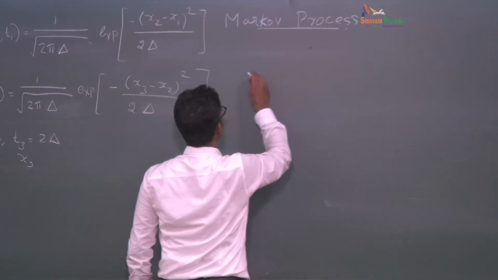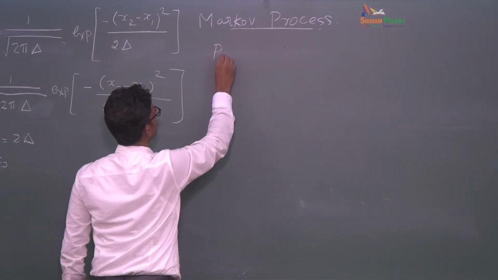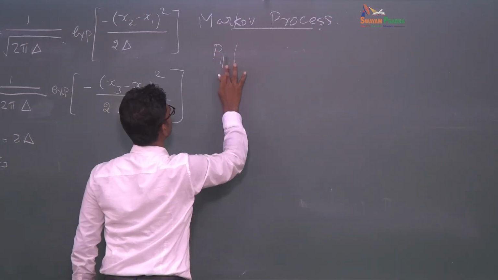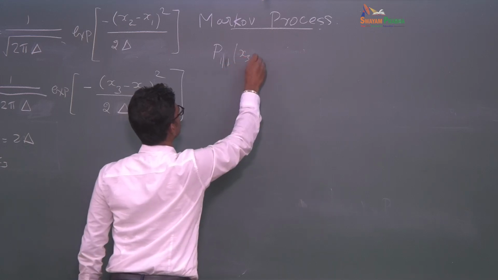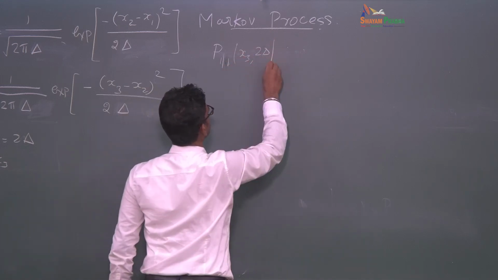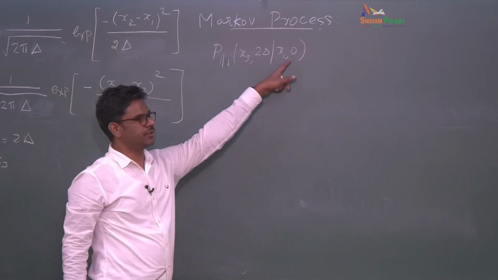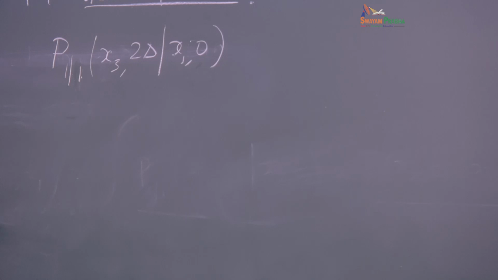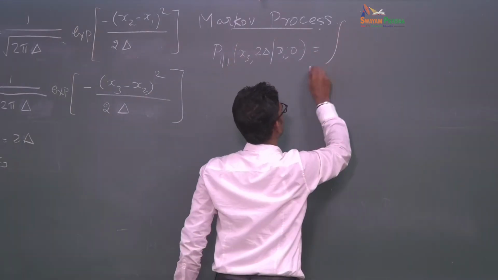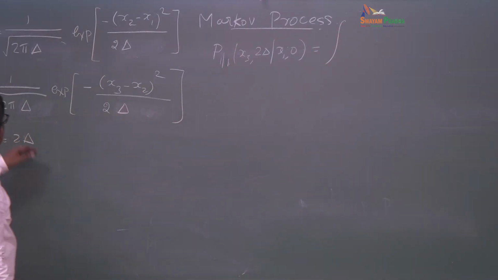So now we write that t1 is 0, t3 is 2 delta, integral over all dx2, the product of these two.